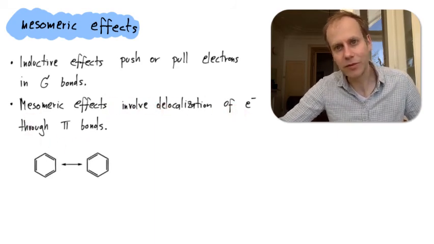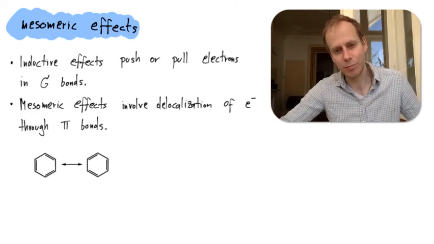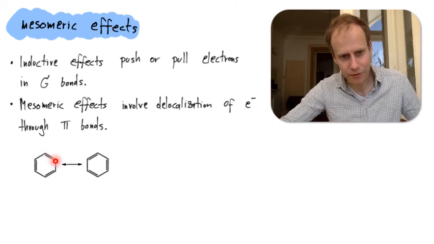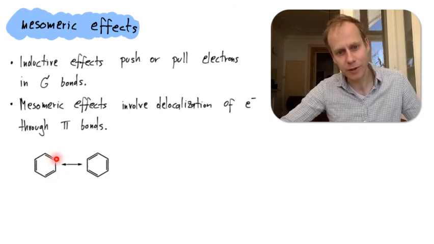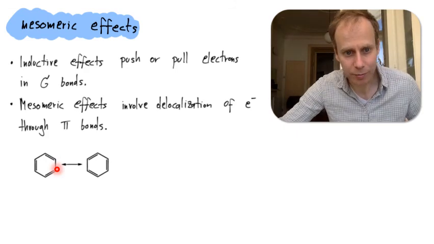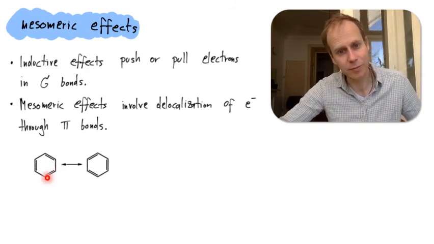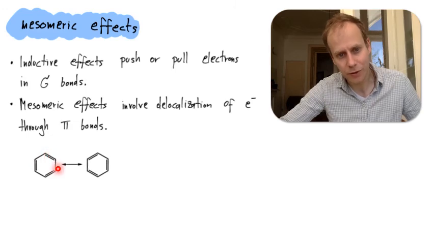This is a famous system that has pi bonds, benzene. Benzene has 6 carbons, and between the carbons there are alternating double bonds. Now experiments show that the distance between each of these carbons, between a carbon pair, is always the same. You would be expecting there to be different distances, because in this drawing there is a pi bond here and there's no pi bond there.